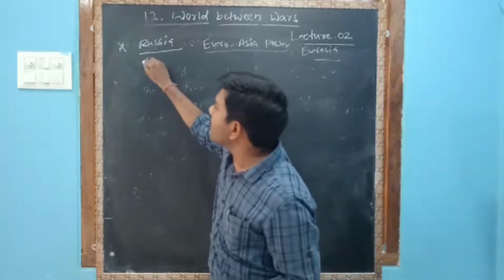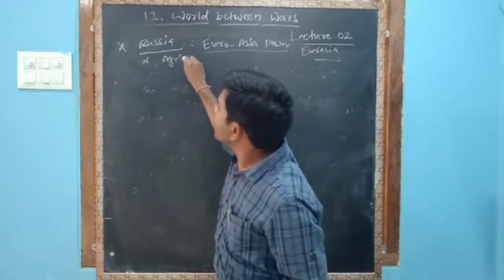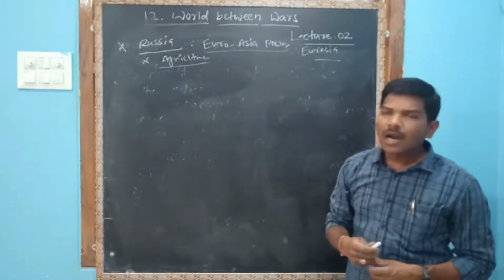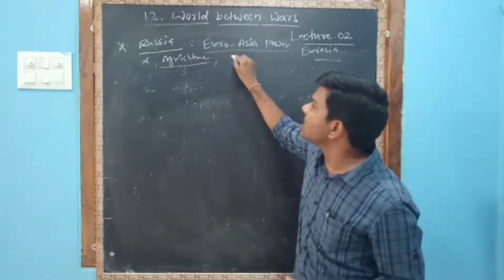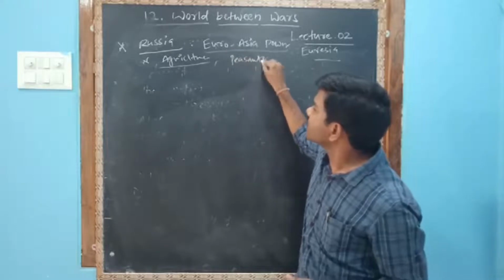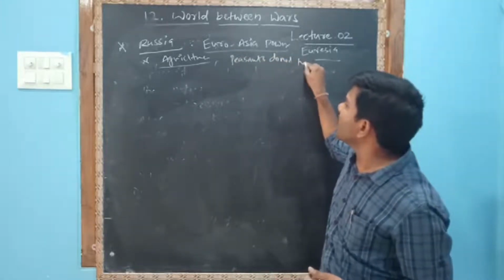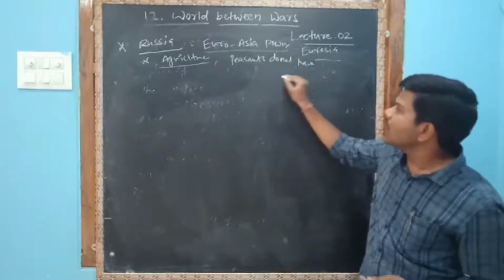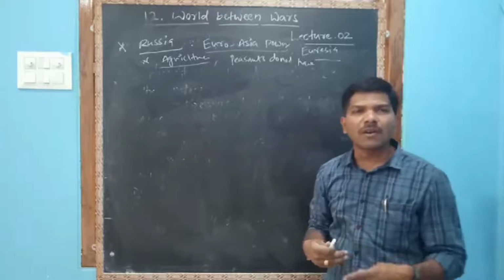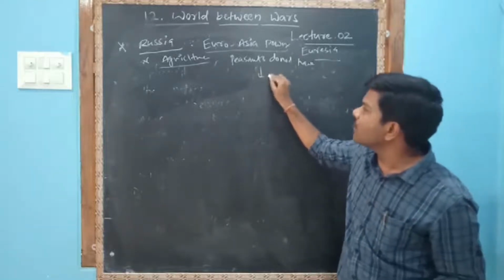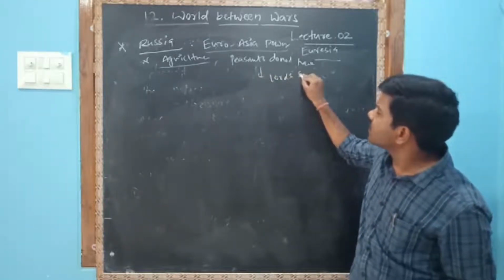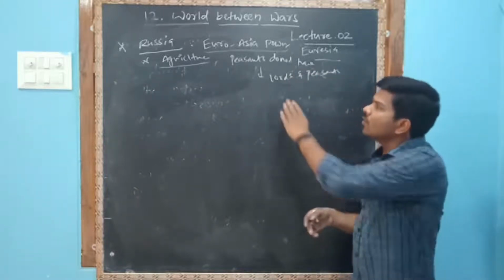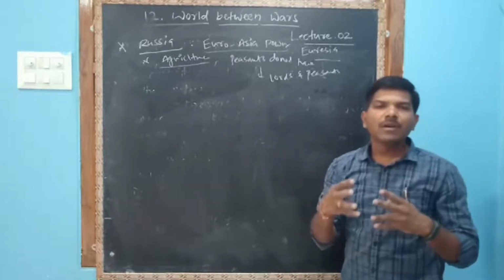In Russia, the main occupation was agriculture. Most of the Russian peasants did agriculture, and most of the peasants did not have any lands. So there was a struggle between lords and peasants for the land.